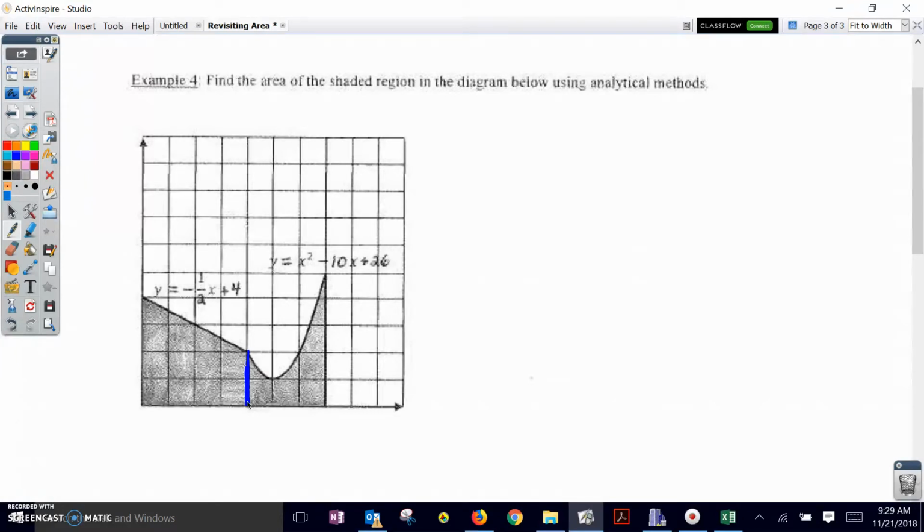And so, in order to find the area here, we're going to take the integral from 0 to 4 of negative 1/2 x plus 4, and we're going to add to that the integral from 4 to 7 of x squared minus 10x plus 26.